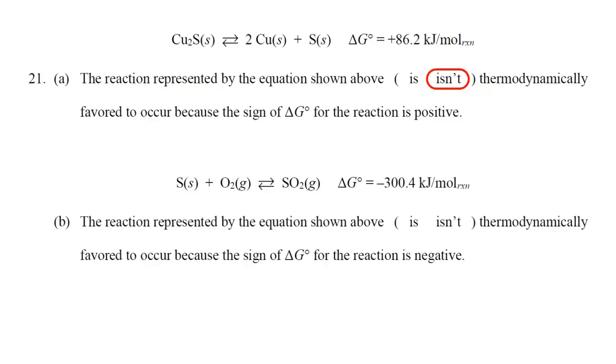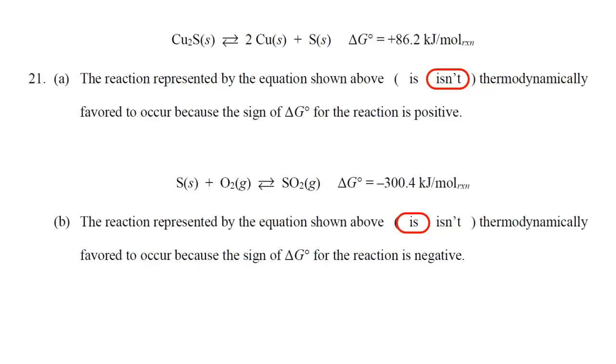Now, in part B, I see a negative delta G. So in part B, the reaction represented by the equation shown above is thermodynamically favored to occur because the sign of delta G for the reaction is negative. So could we couple these two reactions together in such a way to produce an overall process? By combining these two reactions together, could we create a thermodynamically favorable process?